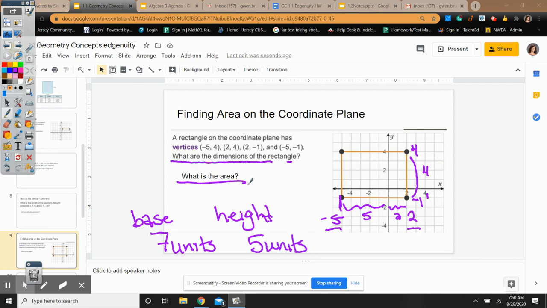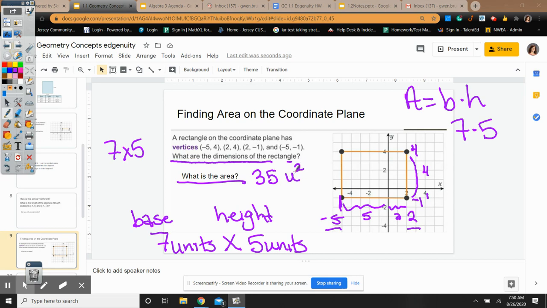Put it together to find the area. You can put a cross sign here if you want. You could say 7 by 5 if you want. What is the area? Area is base times height. The base is 7. The height is 5. Remember what we're doing. We're counting units. 35, you can put a unit squared, or you can write out the word square units.